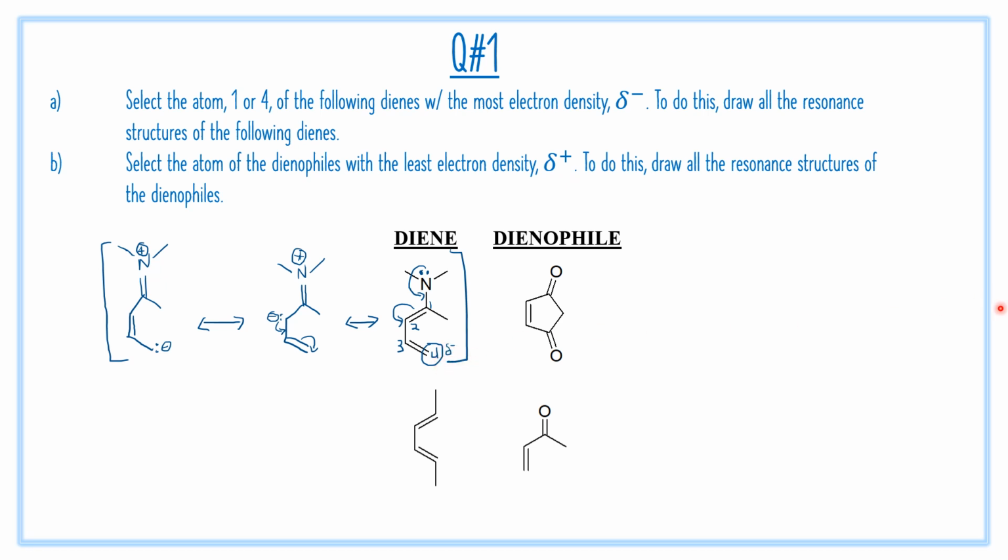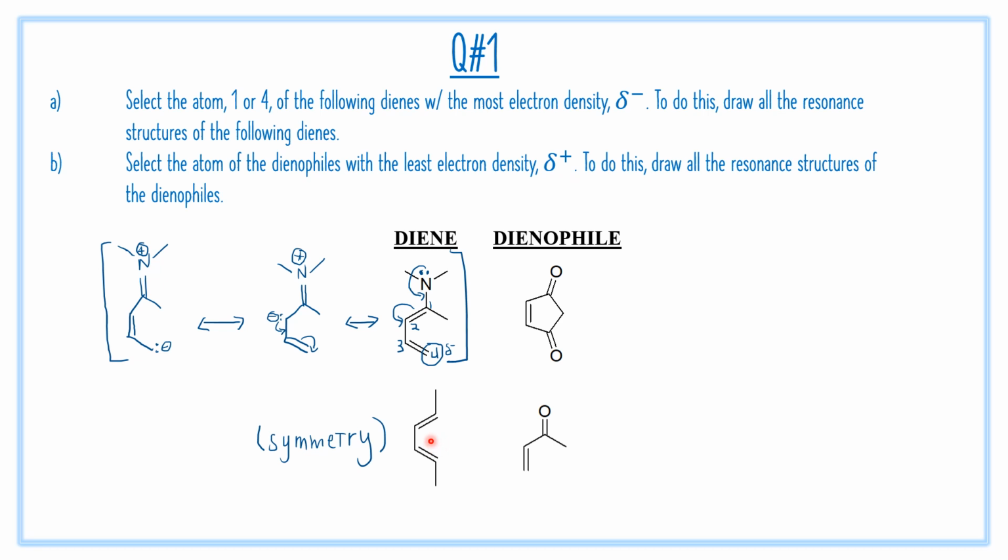Now on to our next diene. You notice that it is symmetrical. If you draw a line through here, it's going to be the same carbons. Whether you flip this around, turn it around, whatever you do, it's going to be the same carbons, same effects, with equal electron density.